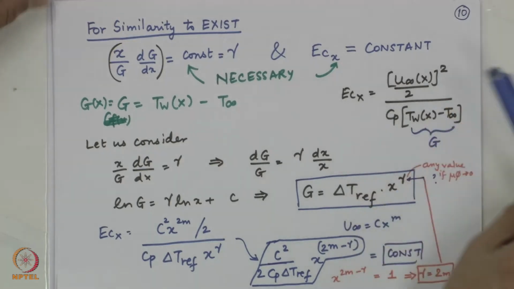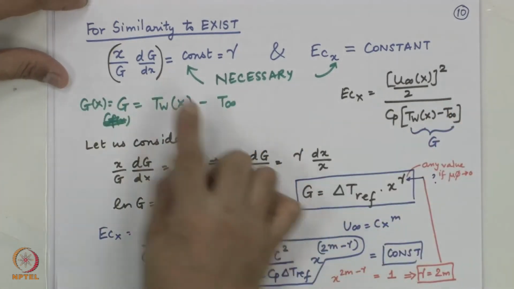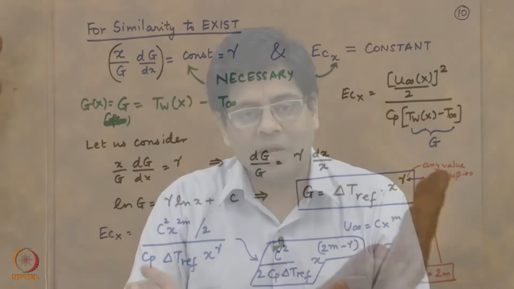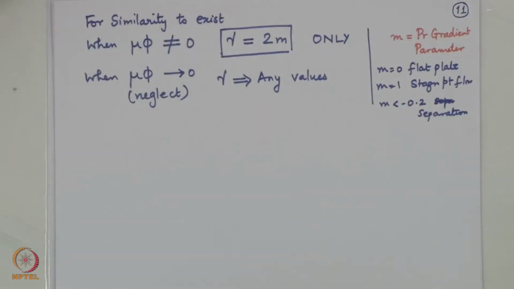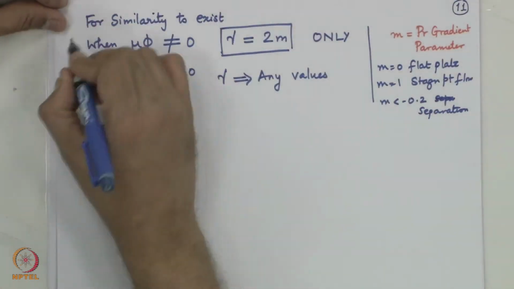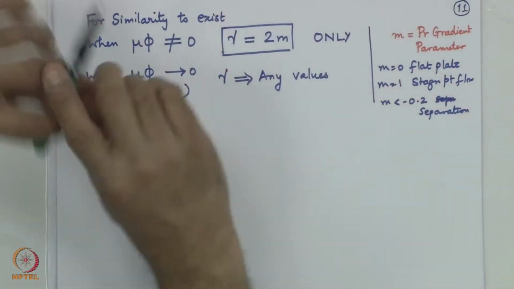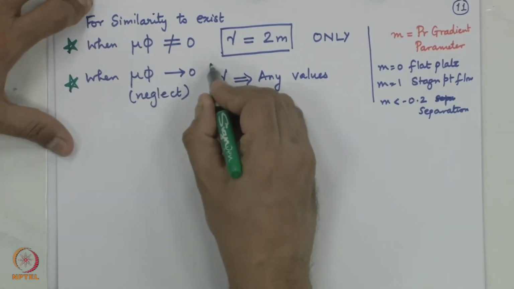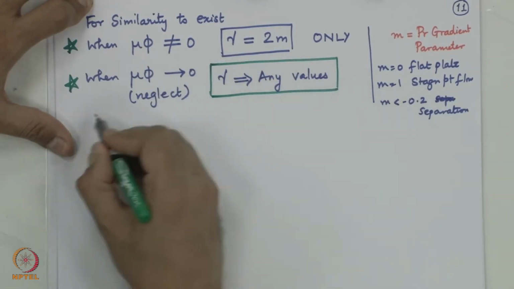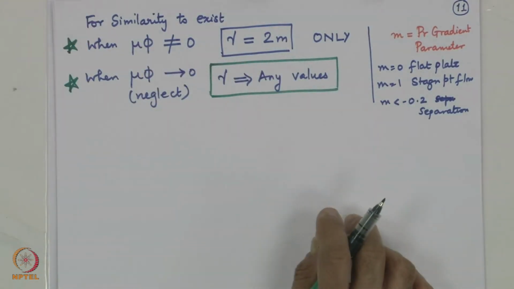We are saying this ratio, which has a complex dependency on u infinity and Tw, like u infinity squared over Tw(x) minus T infinity, whatever be the functional form, should be constant. Based on this, with viscous dissipation present, gamma should be equal to 2m. When viscous dissipation is neglected, gamma can take any value for similarity to exist.